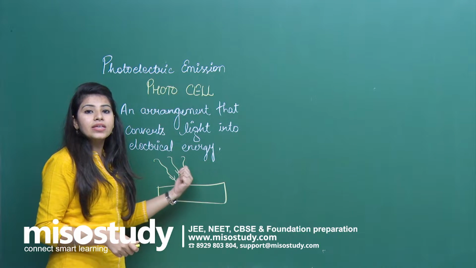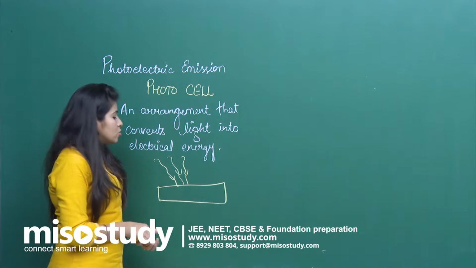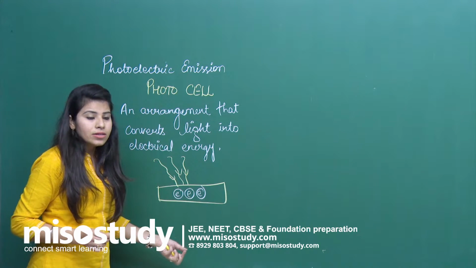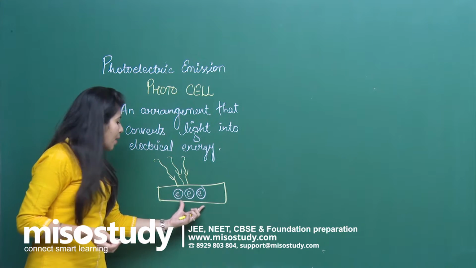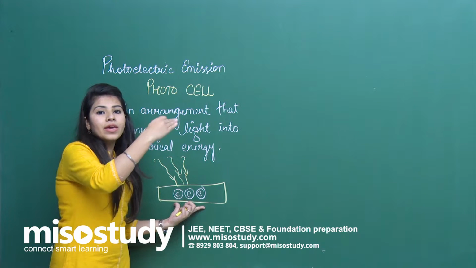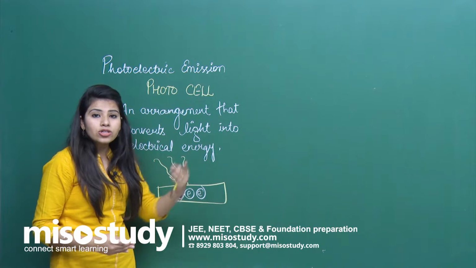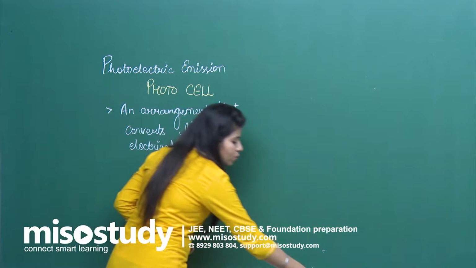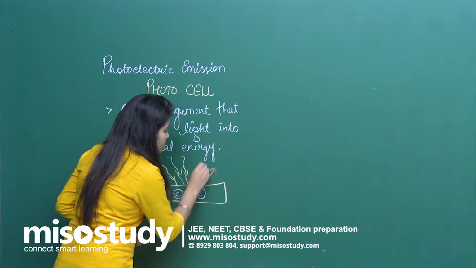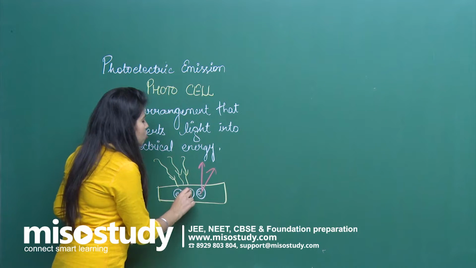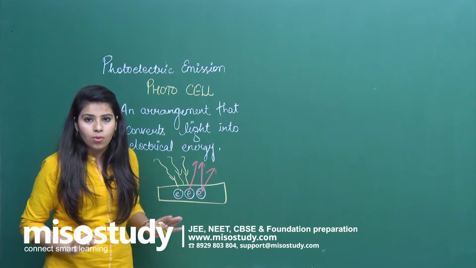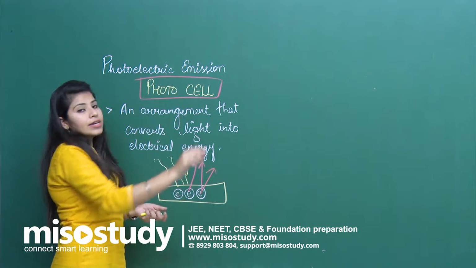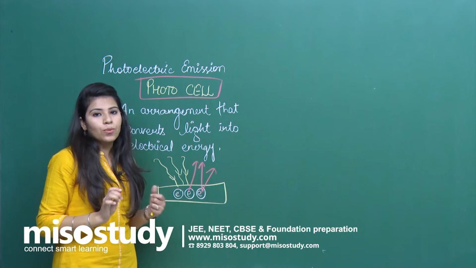When photons are incident upon this metal surface, the photon is absorbed by these electrons, and when the energy gathered by these electrons is more than the threshold energy, then the electron will start emitting out of the surface. This was the concept that we have done till now. And if I am talking about photocell, then it is totally based on this phenomenon.